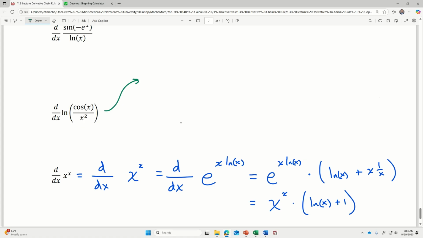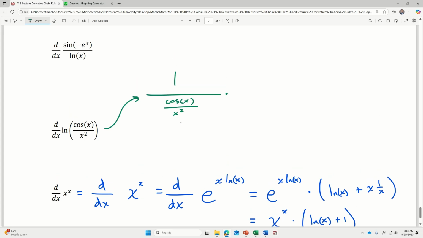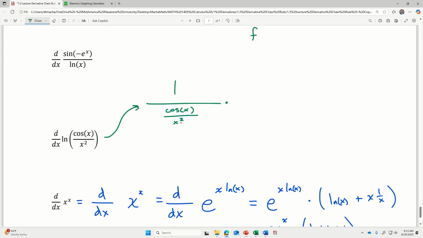So with the outside function being natural log, I'm going to write 1 over cosine of x divided by x squared. Derivative of natural log is 1 over x. And then I'm going to multiply times the derivative of the inside function. And like I said, the derivative of the inside function is going to require the quotient rule, so make sure you have this memorized.